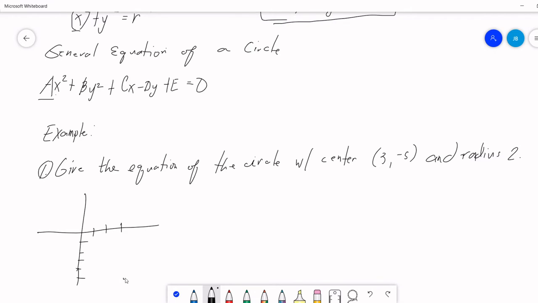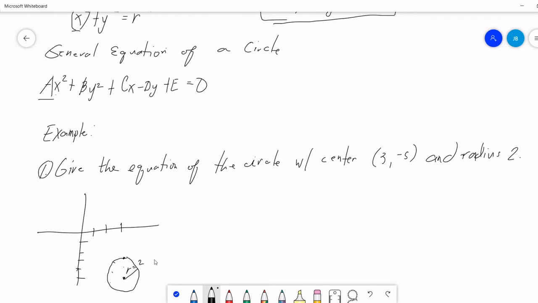So that is the center of the circle, right? And the radius is 2. So the radius is from the center to a fixed point. So two, two, two. You can form a circle out of the radius given. Perfect. Okay, once again the radius is 2.